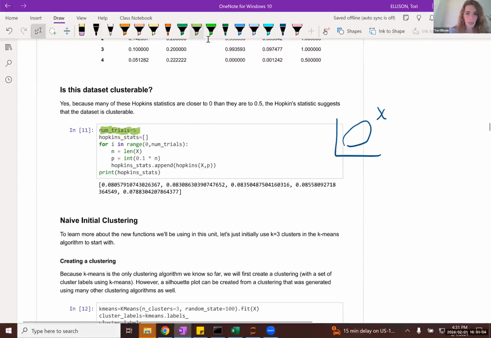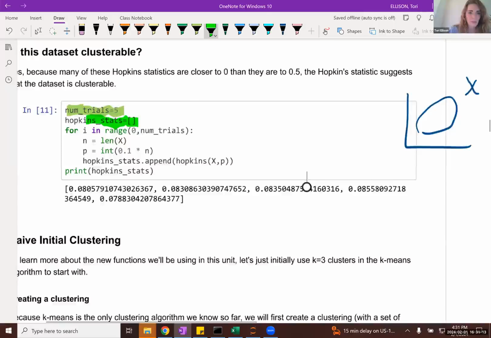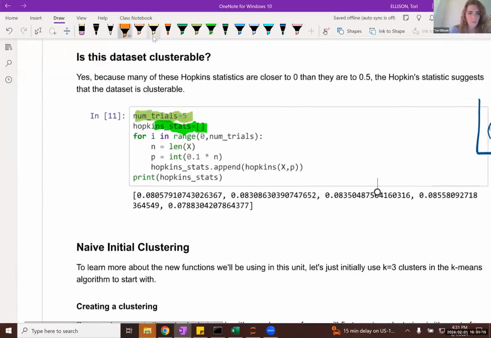So what I'm going to do is create an empty list of Hopkins stats. And what I will do is simply create a for loop ranging from 0 to 5, in which first, now technically I'm being a little bit sloppy and redundant with my code here.